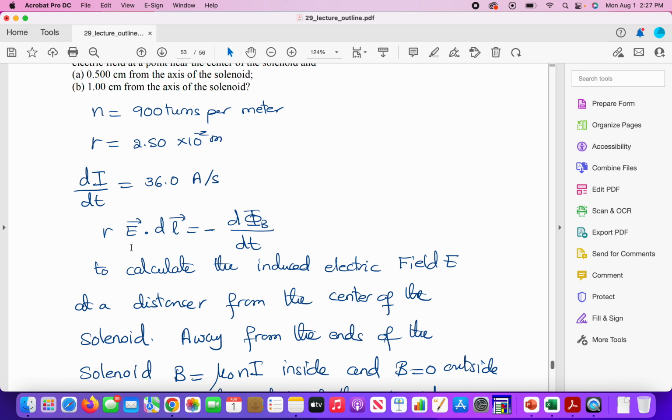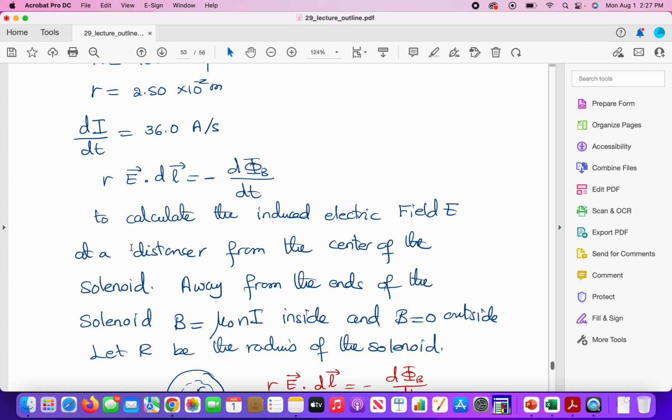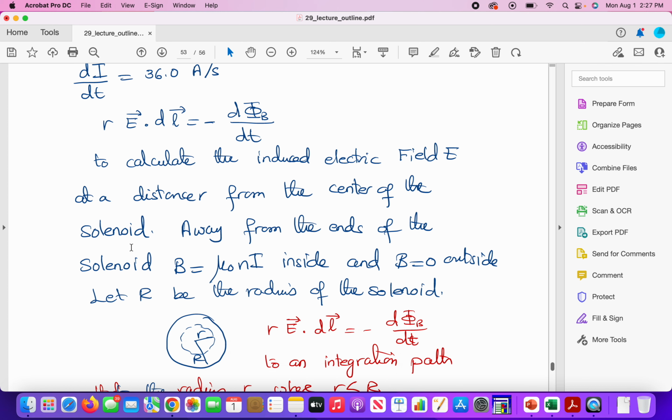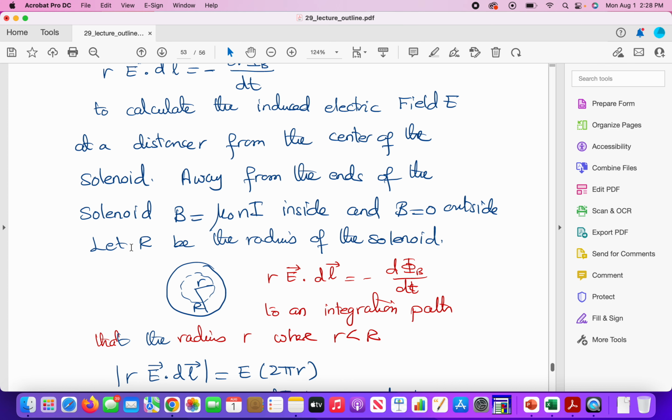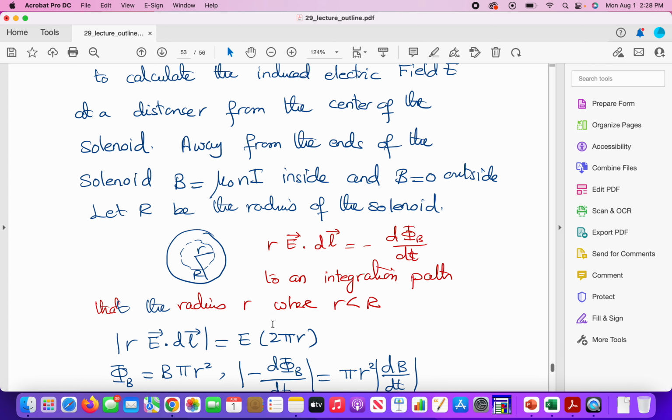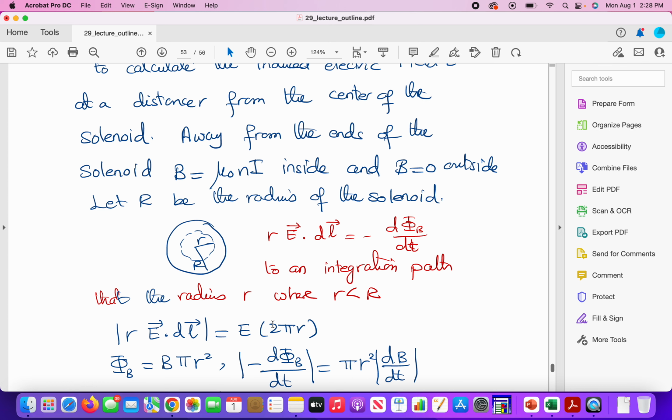In order to calculate the induced electric field E at a distance r from the center of the solenoid, we are going to say first B equals mu 0 n i for the solenoid, and then we will be able to integrate over the surface, for r less than the radius of the solenoid.